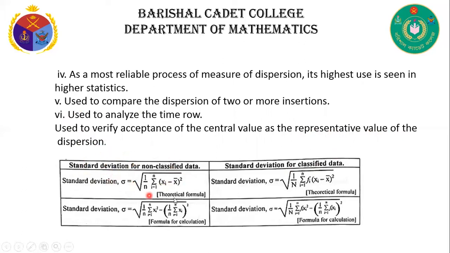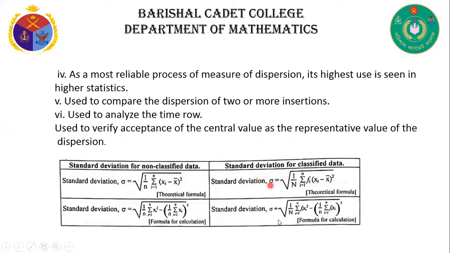Now these are the formulas for finding standard deviation and variance. For non-classified data, the standard deviation sigma is equal to root of 1 by n, summation i equals 1 to n, Xi minus X bar whole square. And for classified data, root of 1 by capital N, summation i equals 1 to n, Fi, Xi minus X bar whole square.